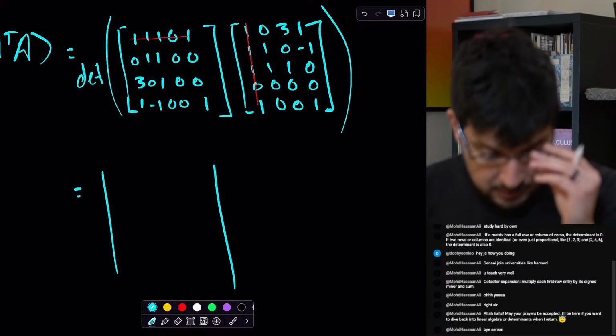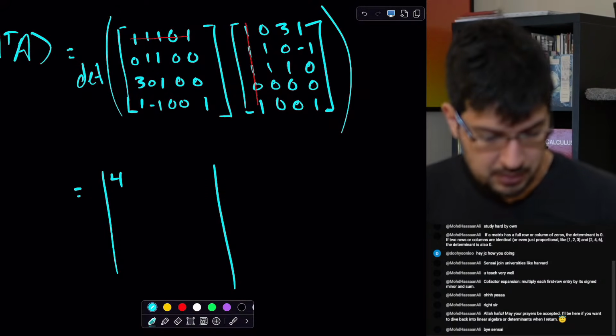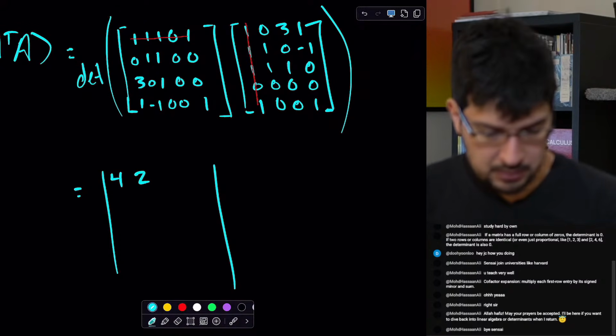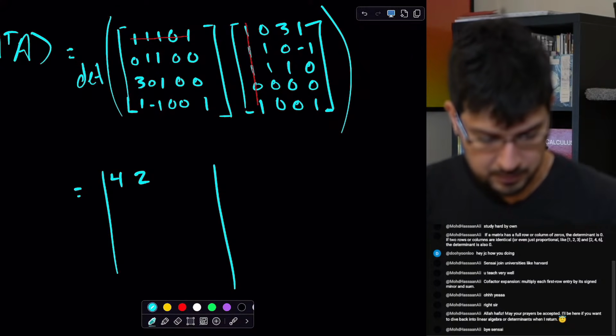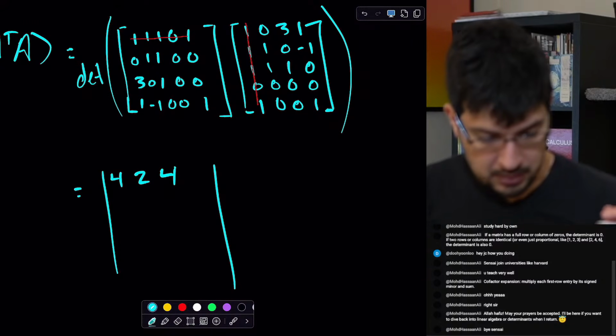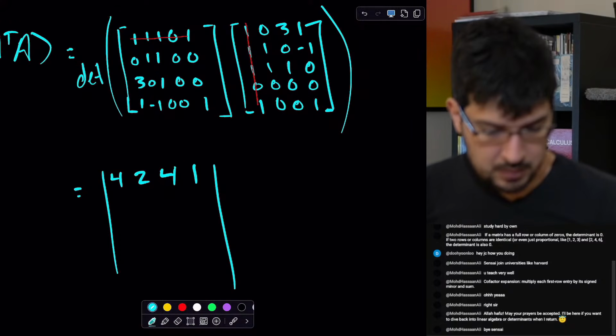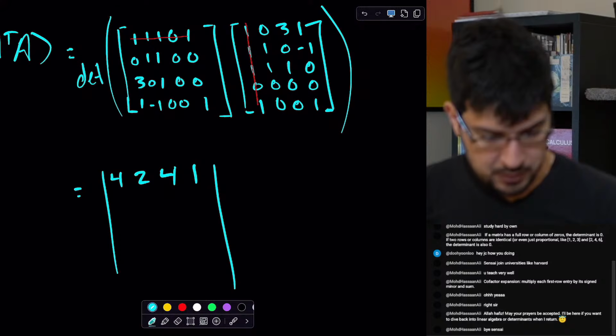Maybe not for everything. So this is going to be 4 in the top left entry. Then we have 2 in the second entry. Then we have 3, 4, 4 in the third. And then we have 0, 1. Yep. Then now we have 2 here.